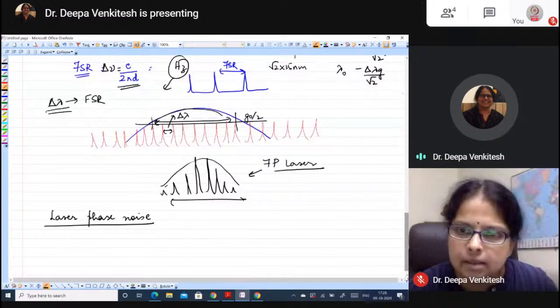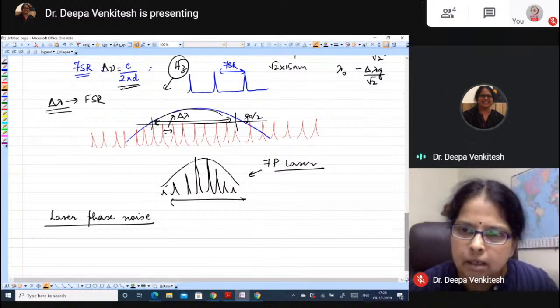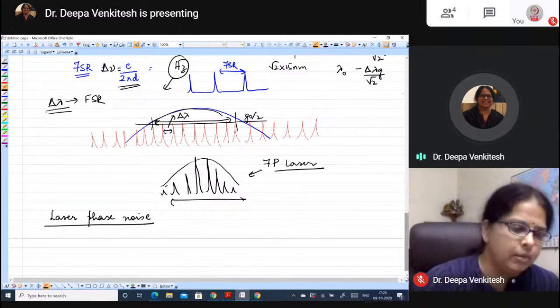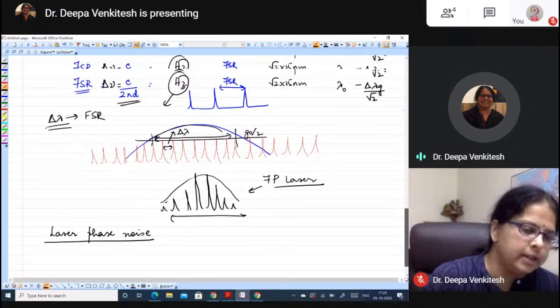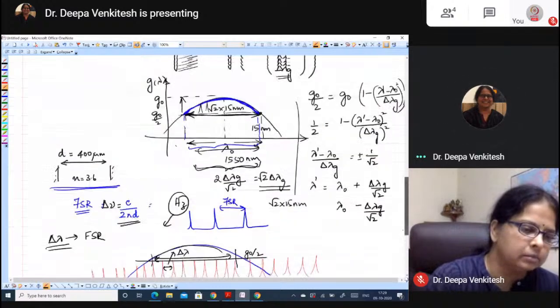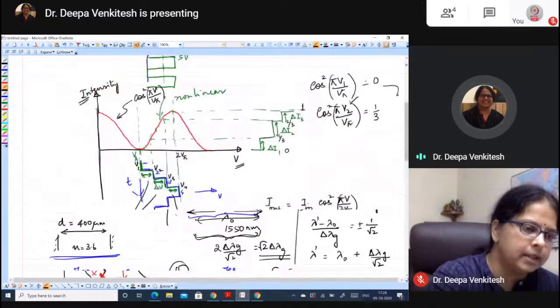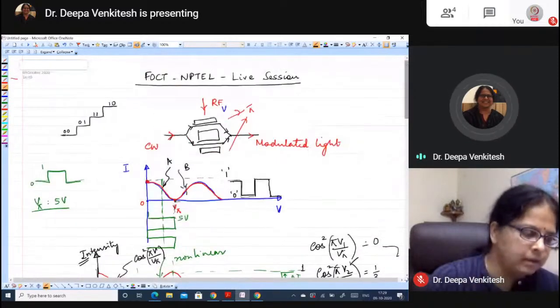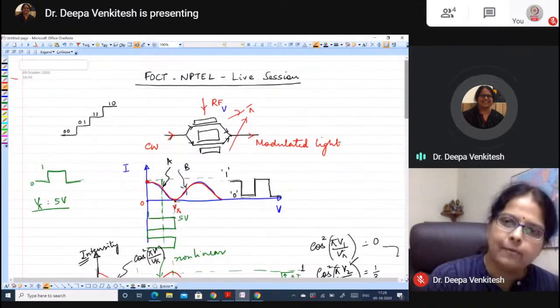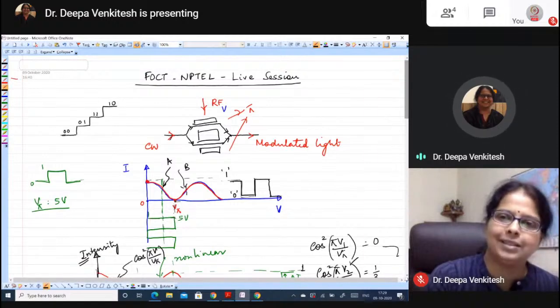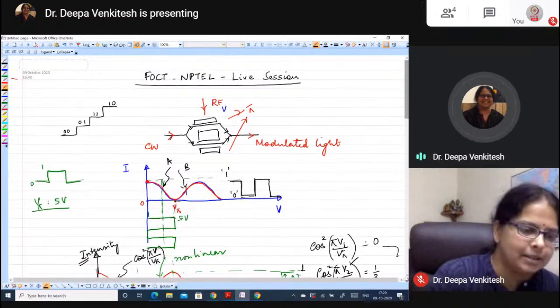Before that, let me answer this question of Arjun, which is: explain the generation of 4-PAM electrical signal which is required for 16 QAM. Oh, so in 16 QAM also the idea is the same. It's the same 4-PAM you're applying to get the 16 QAM.